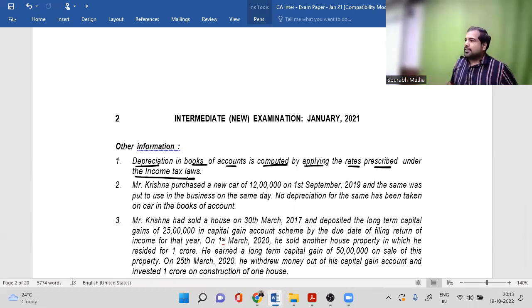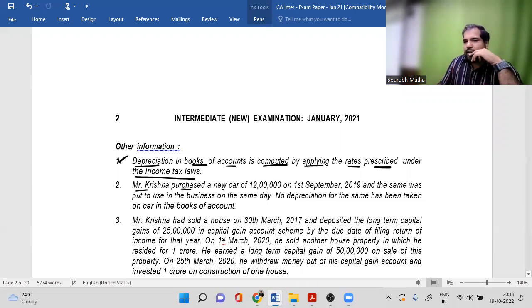But here they are saying it's the same. Because depreciation as per accounts is computed by applying the rates prescribed where? So they are saying it's the same. So will you have to do any adjustments? So no adjustments for depreciation. Are we okay? So if depreciation income tax is 15%, how much have you taken in accounts? 15%. All right.